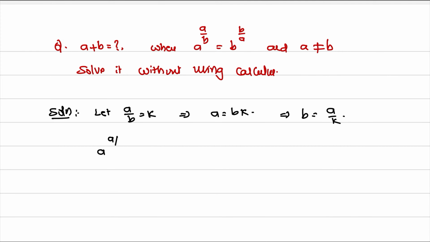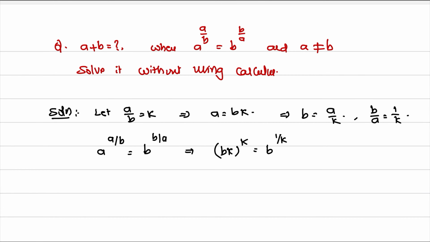a to the power of a by b is equal to b to the power of b by a implies a is bk, so bk to the power of a by b, which is k, is equal to b to the power of 1 by k. Why? a by b is equal to k, therefore b by a is equal to 1 by k.